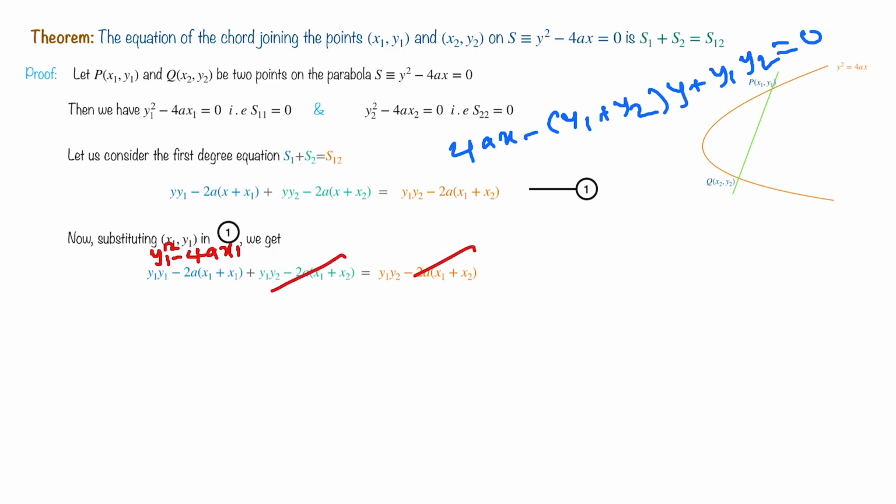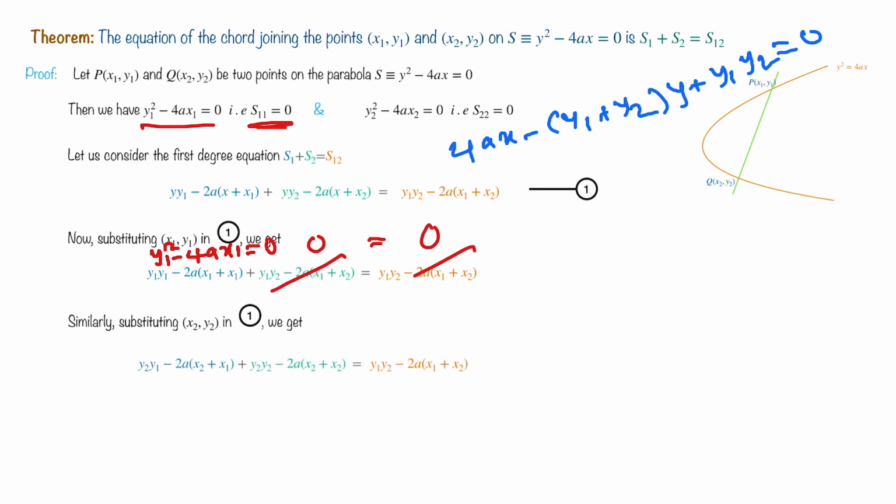So these two get cancelled, and anyway we know that S11 is 0, that is y1 square minus 4a x1 is 0, so this is going to be 0. So here we have left hand side 0, right hand side 0, so equation 1 satisfies the point x1, y1. Similarly, substituting the point x2, y2 in 1, we get this.